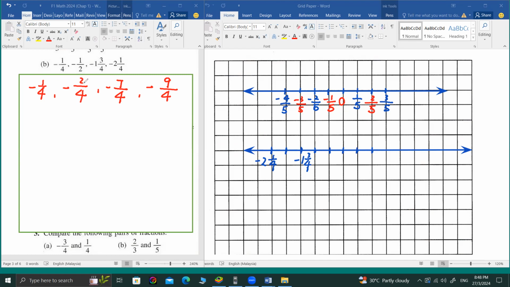Right? 2 is negative 1 per 2. 1 is negative 1 per 4. Done. Do you see? You must follow what they give to write.